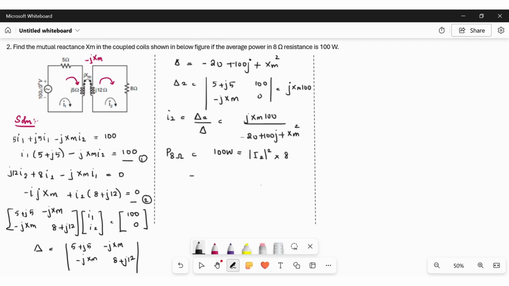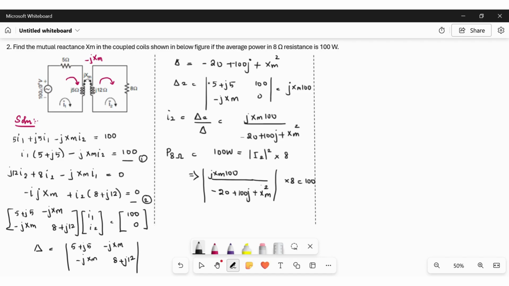Now we all know I2, so substituting for I2, the magnitude of jXM 100 divided by minus 20 plus 100j plus XM square, the whole square, into 8, which is equal to 100.